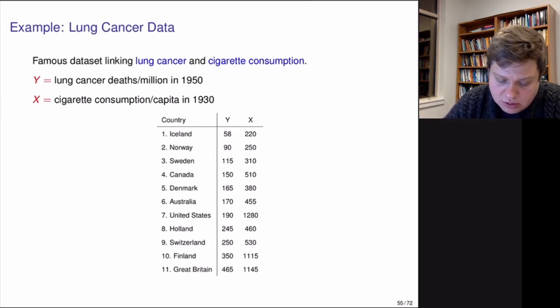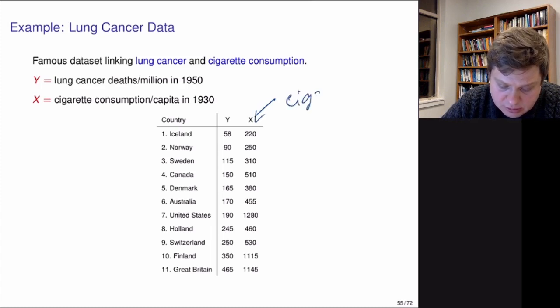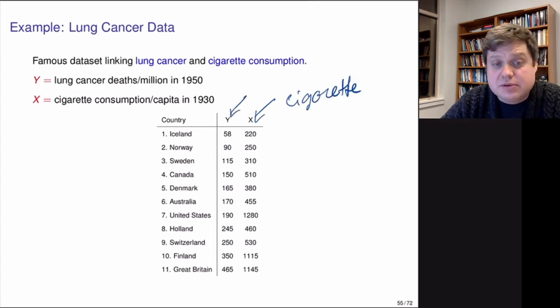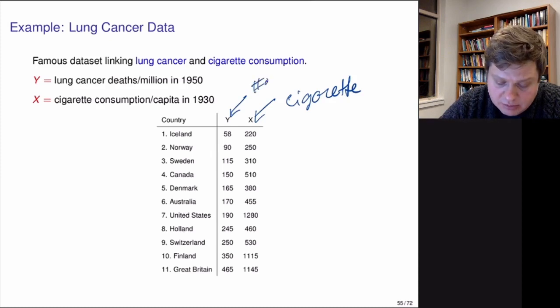This data set contains, for each of the countries, the X variable, which is the cigarette consumption, and the Y variable, which is the number of deaths from lung cancer.